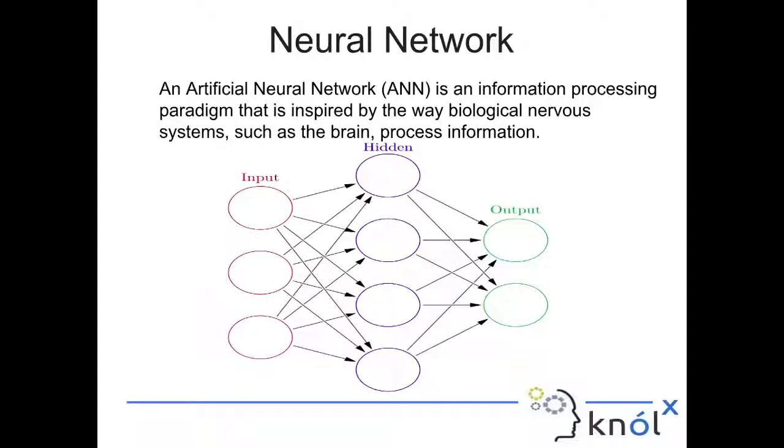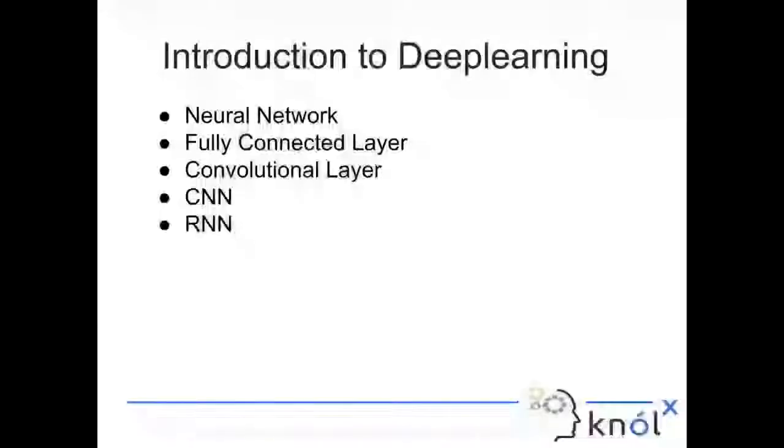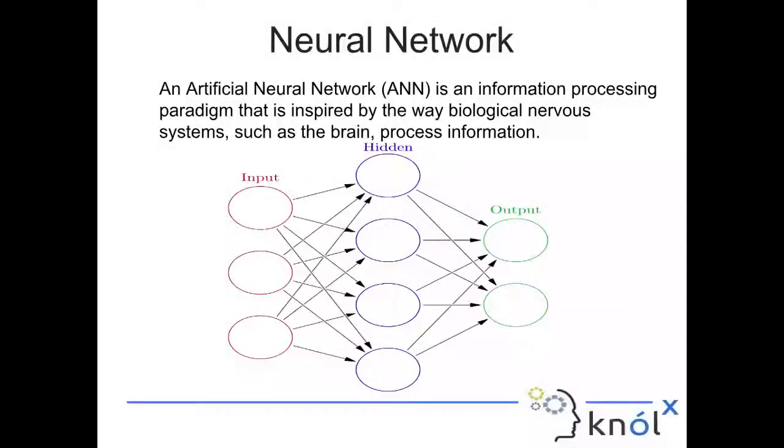And when we have more than one layer in the network, it's called deep learning, right? Deep learning is not a new thing. It has been there for a very long time. It's just that there is a bit of modification in the layers, which is making it more popular nowadays.